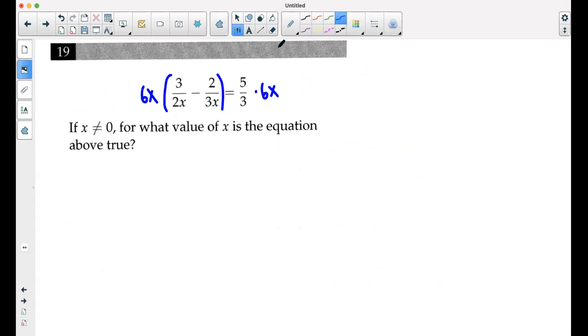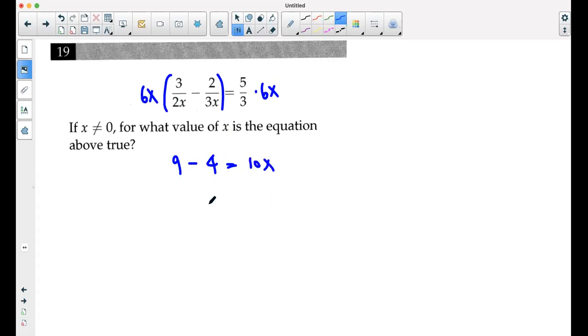Okay? Then what do I end up getting, guys? 6x cancels out with the 2x, gets me what, 3? So in total it becomes 9 minus 6x, and then 3x cancels away, gets me 2 times 2 equals 4. And here, 3 and then 6 cancels away, gets me 2. So we have 10x.